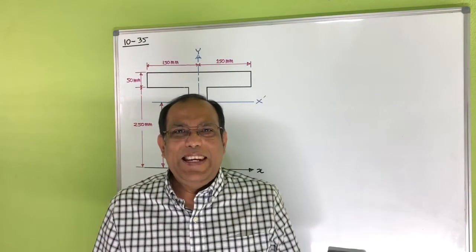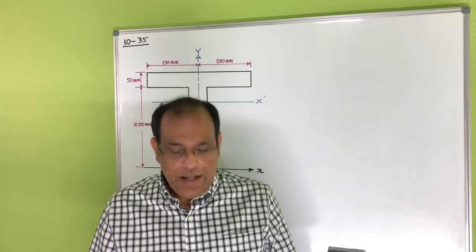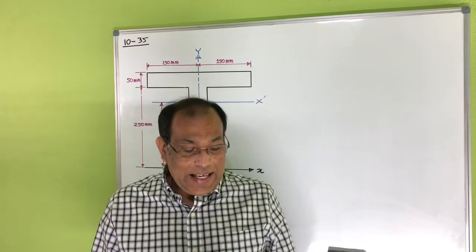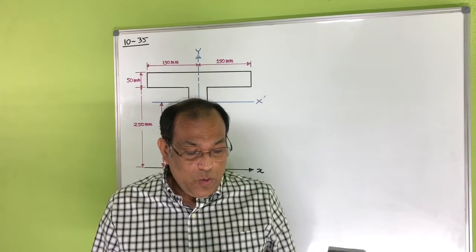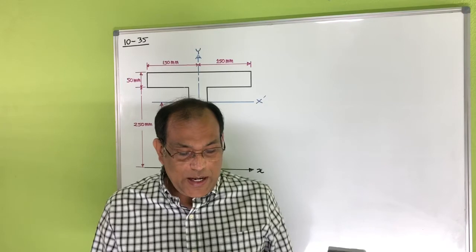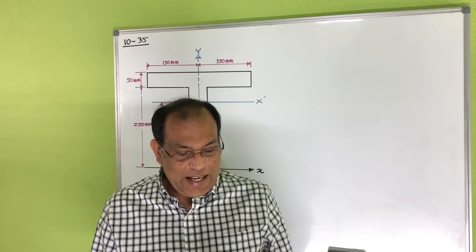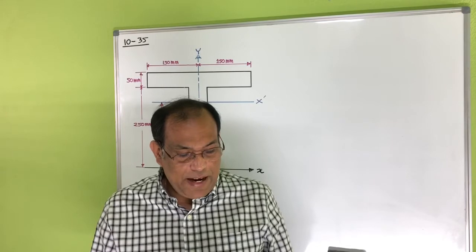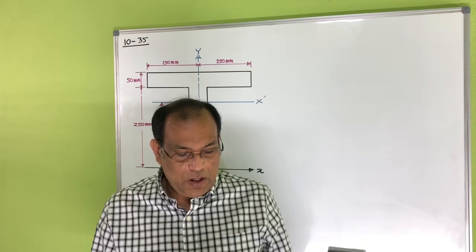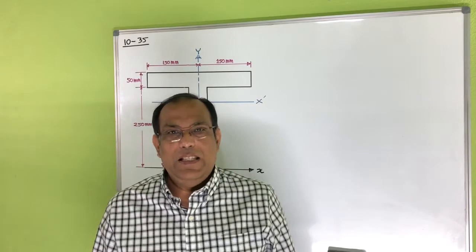Problem number 10-35, okay? This one is asking to determine y prime, which locates the centroidal axis x prime for the cross-sectional area of the T-beam, and then find the moment of inertia about the x prime axis, okay?